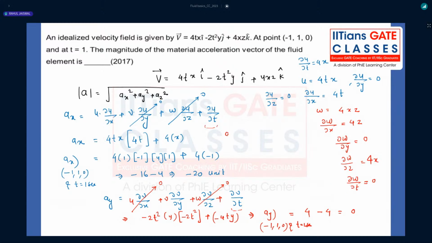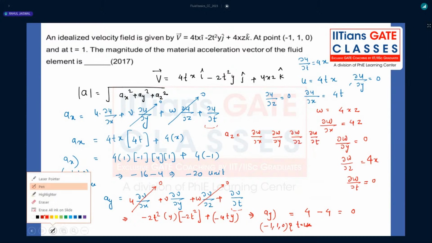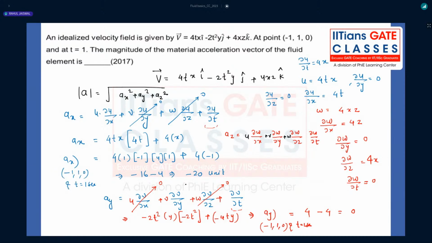So the acceleration in the z direction will be what? Acceleration in the z direction we can write: ∂omega/∂x, ∂omega/∂y, ∂omega/∂z, ∂omega/∂t, plus, I told you, you need to multiply with u, v, omega.